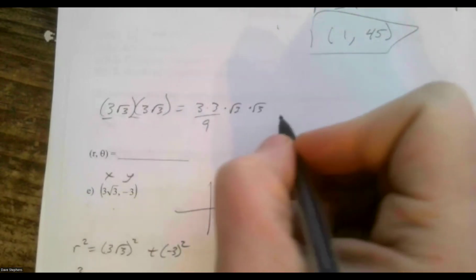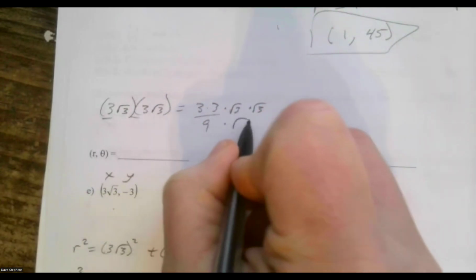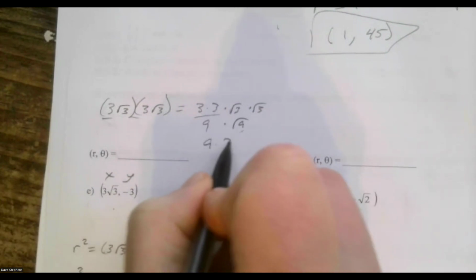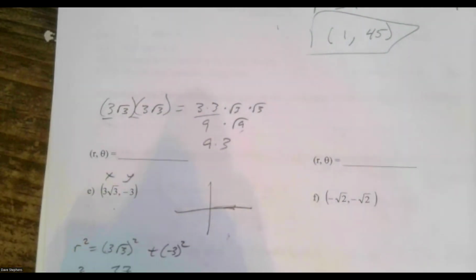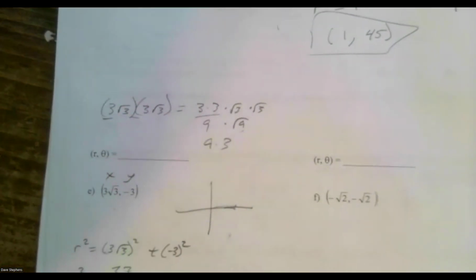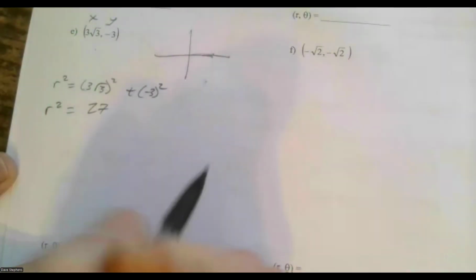Well, the square root of 3 times the square root of 3 is the square root of 9, which is 3. So that's 9 times 3, or 27. And -3 squared is a positive 9. And so our r squared value is equal to 36. How friendly. So our r value here is 6.